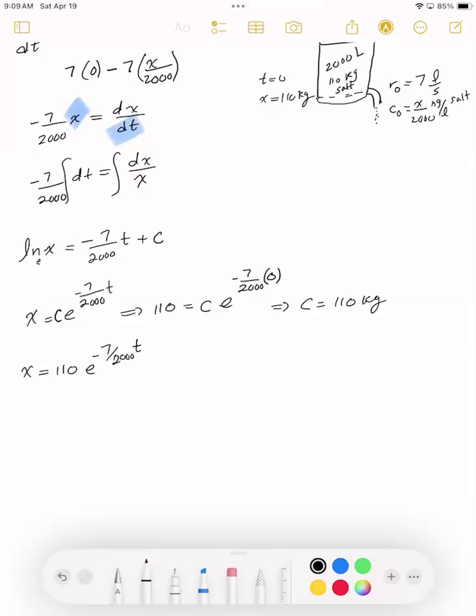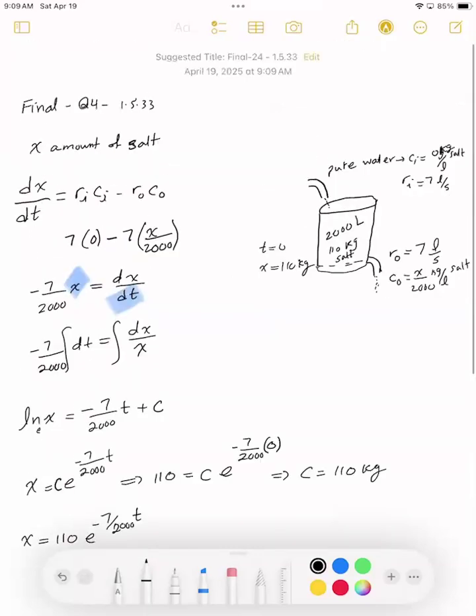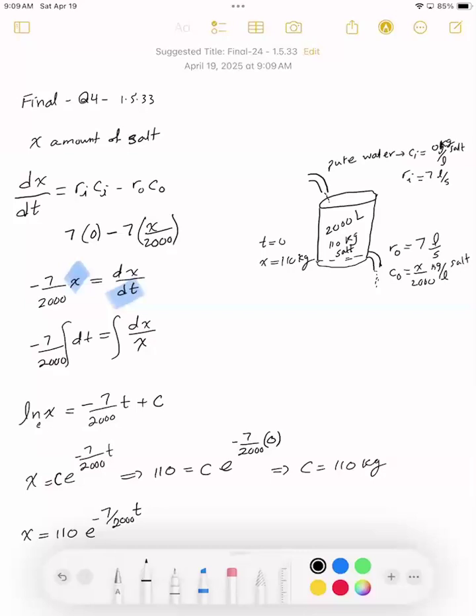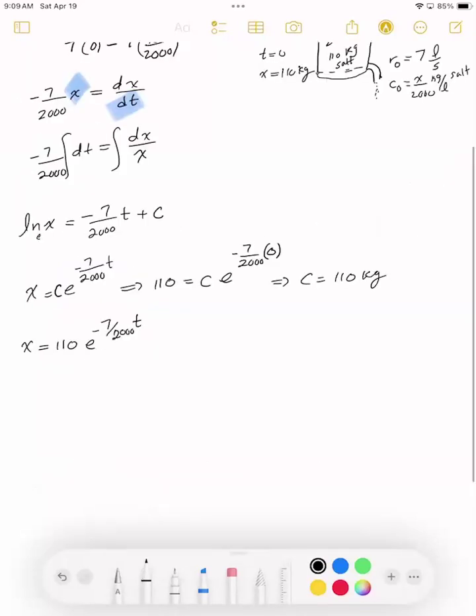So now it says, how long will it be until we have only 11 kilograms of salt in the tank?